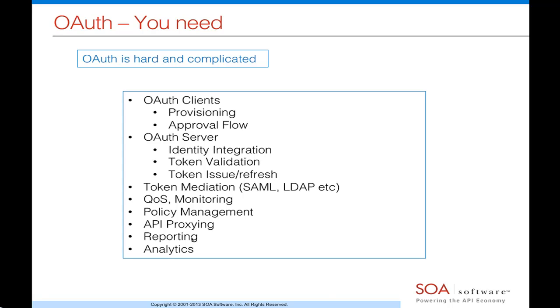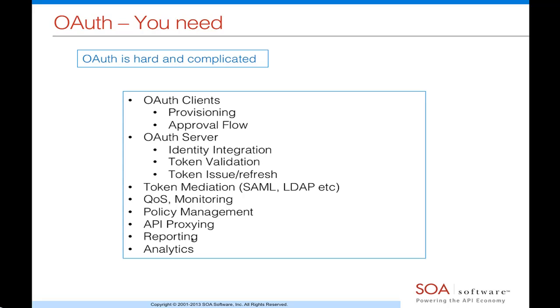Then on the server side, you need to have identity integration and token validation. You might want to have token issue and token refresh, which is the authorization token that is issued to Hootsuite that you might want to get refreshed over a period of time.